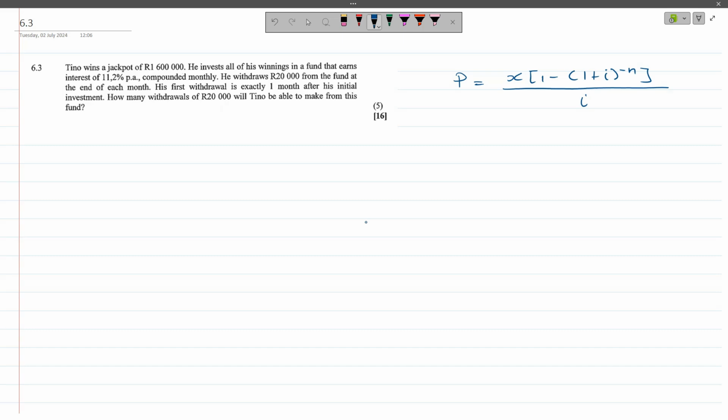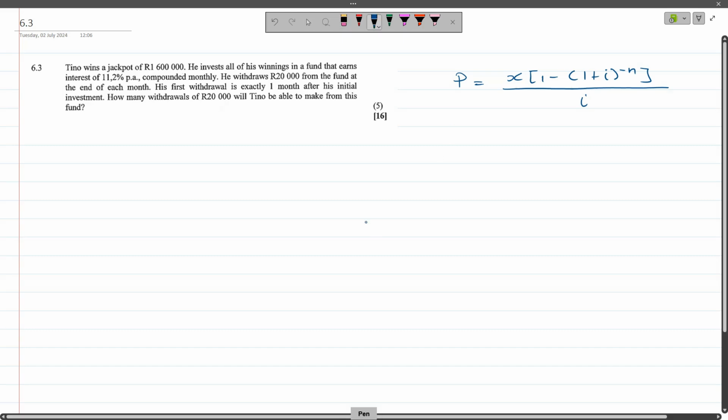So multiplying both sides by i, we get P times i. Rather, let me write X times (1 minus (1 plus i) to the power of minus n) is equal to P multiplied by i.